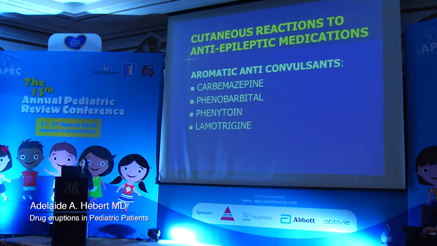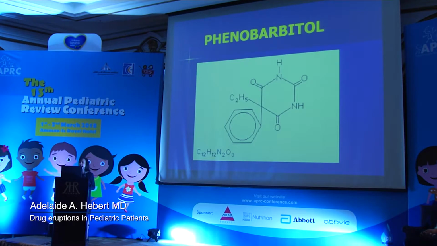The reason these drugs tend to cause reactions that deal with the skin is the fact that they are all aromatic compounds, and the aromatic ring is indeed felt to be the significant portion of this molecular structure that leads to these types of rashes. So again, the aromatic anticonvulsants are the most common form of anticonvulsant agent: carbamazepine, phenobarbital, phenytoin, and lamotrigine.